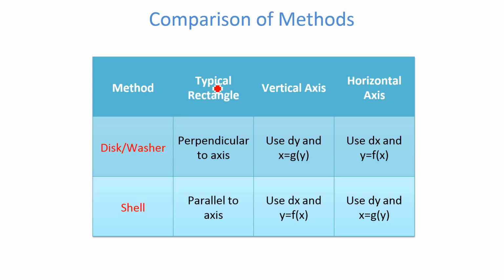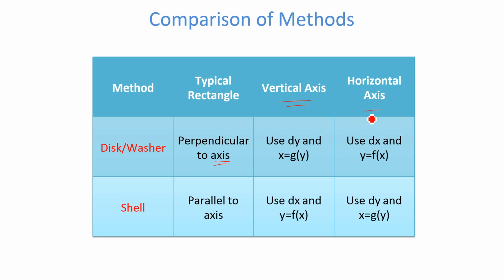And finally, there is a comparison of the methods we have learned so far. The methods we learned: disk and washer method. In this case, the typical rectangle is perpendicular to the axis of rotation, and we use dy and x is equal to g(y) if the axis is vertical.